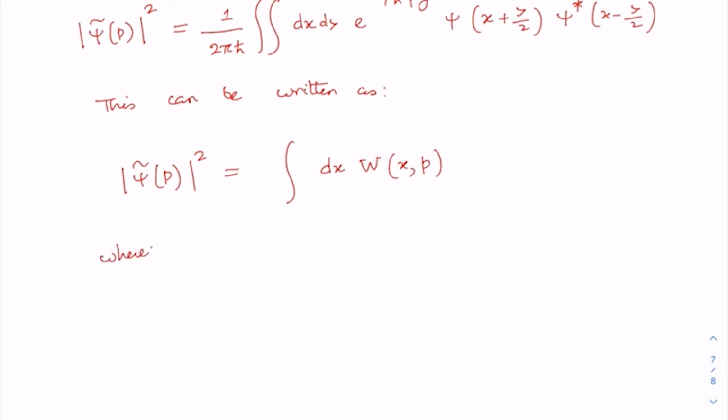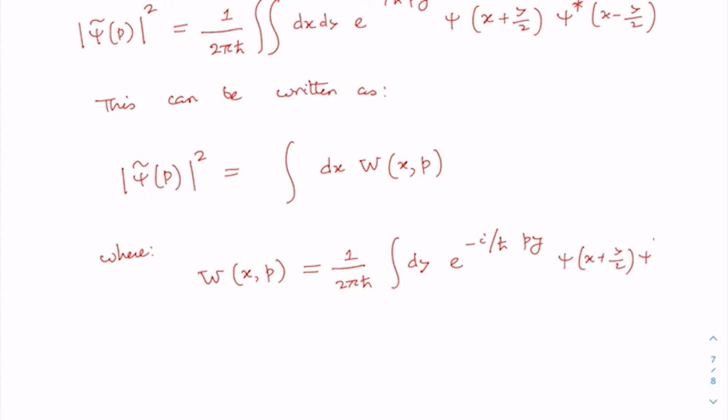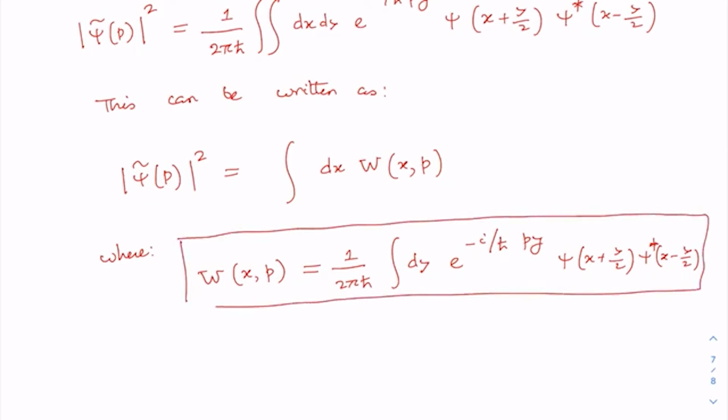Here I can read out that W(x, p), the Wigner distribution function, is equal to 1 by 2πħ ∫dy e to the power minus i by ħ py ψ(x + y/2) ψ*(x − y/2). So this is what the Wigner distribution function is.